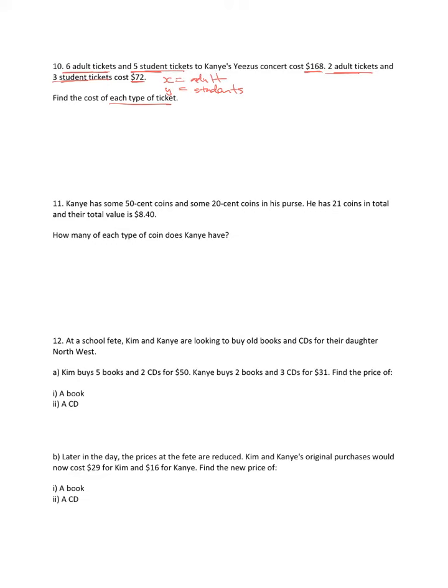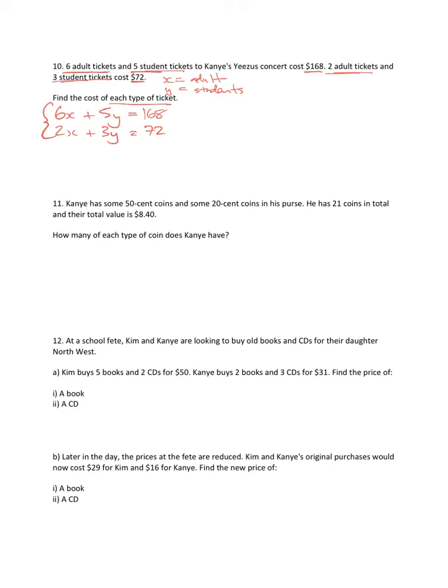Alright, 6 adult tickets is going to be 6x plus 5 student tickets is going to be 5y's, and we're told they cost $168. 2 adult tickets is going to be 2x's plus 3 student tickets is 3y's is going to be 72. We have 2 separate equations that are referring to the same thing, which is the student tickets. Therefore, they are simultaneous and they can be solved at the same time.